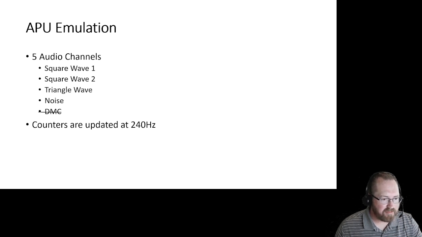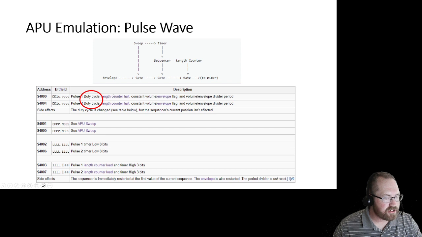Internally, the APU is updating those timers at 240 hertz. So even though the NES is only updating the registers 60 times a second, it can set timers, and the volume or the frequency can be updated up to 4 times between frames, if you're going for full fidelity. Let's take a look at what's going on in each wave.